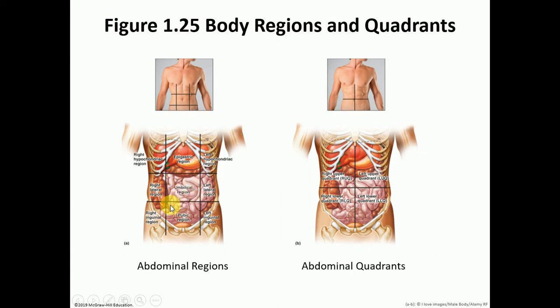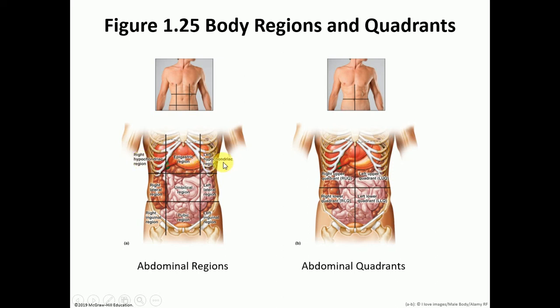Now for the regions on the side, those are identical bilaterally. So on both sides, they have the same names. So there is the right and left hypochondriac region. Chondriac is related to the ribs. So hypochondriac means underneath the ribs. So your right and left hypochondriac regions.